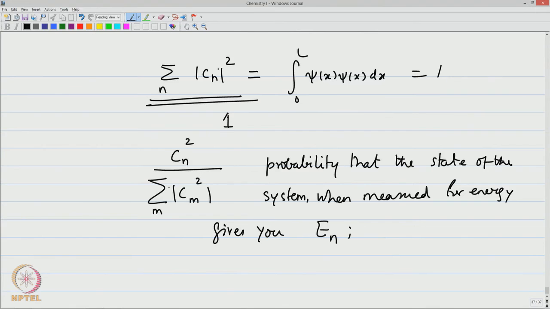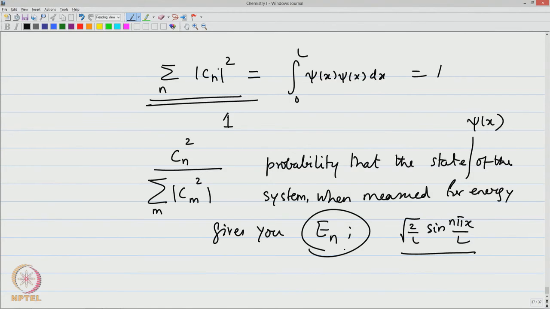This is a probability, and the probability is different for different n, and the state itself will become root 2 by L sin n pi x by L. The probability that the state psi of x, which is arbitrary, it is a combination of all of them. But when you measure, what is the probability that you will get this eigenstate with this eigenvalue, that is given by the square of the coefficient.